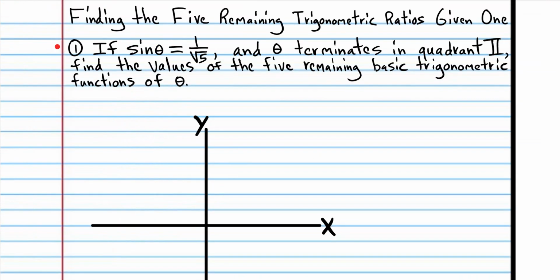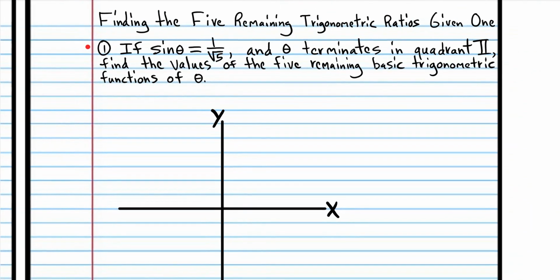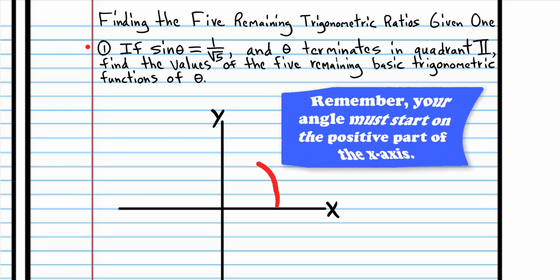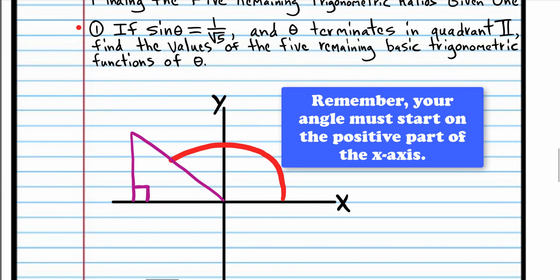So we're told that theta terminates in quadrant 2. So what that means is our angle stops there, and we can draw a generic triangle. Your triangle doesn't have to be the exact shape. We just need some generic triangle.